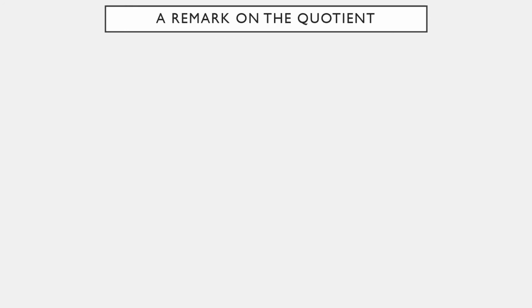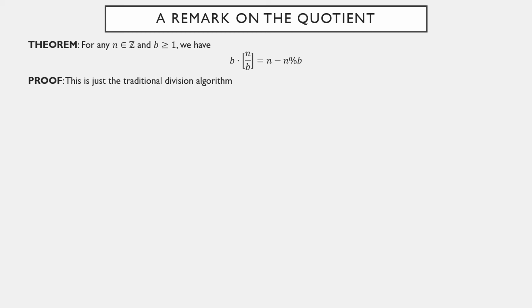Well, let's remark about the power of what we've just shown. Okay, so for any n, which is an integer, and b bigger than or equal to 1, we have n is equal to bq plus r, so bq is equal to n minus r. So this is just the theorem we just proved, but sort of rewritten. Okay, n is bq plus r. Remember, q is the floor of n over b, and r is just n % b.